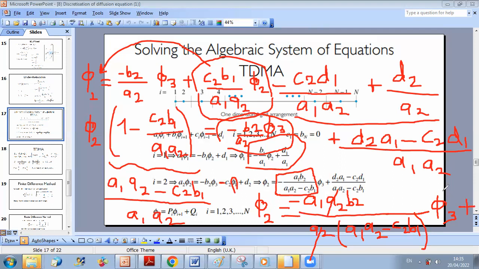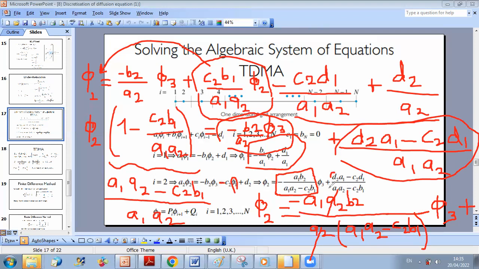Plus this term, if you multiply it by A1 A2, then this will cancel out. And then you divide it by A1 A2 minus C2 B1.